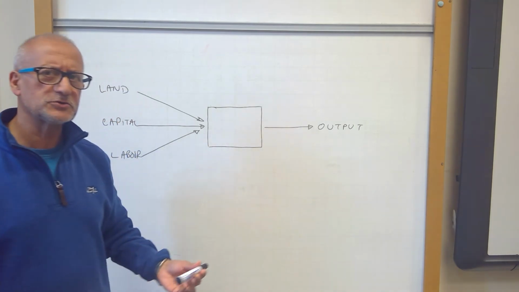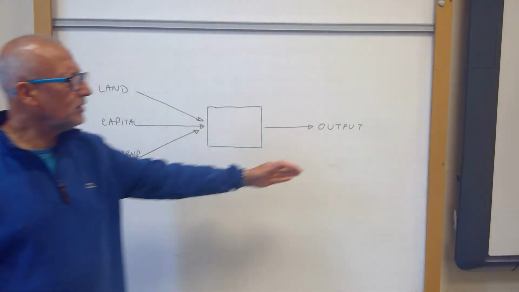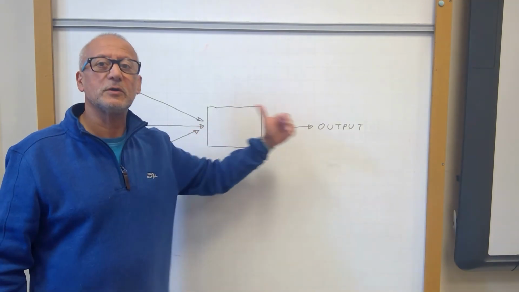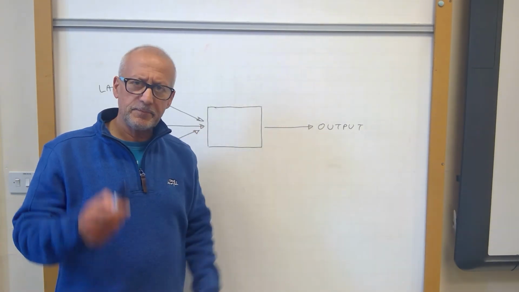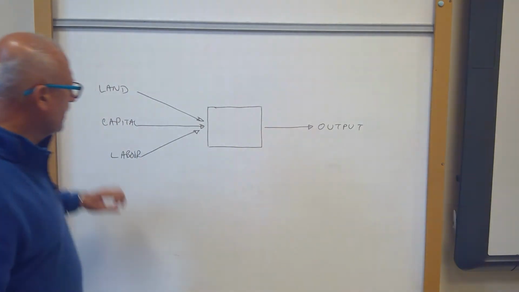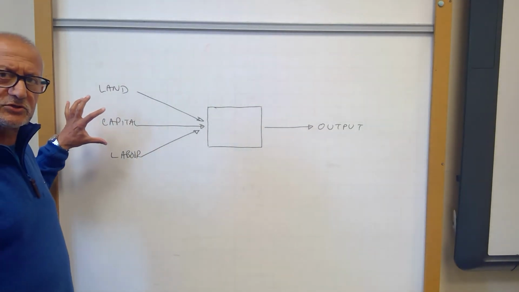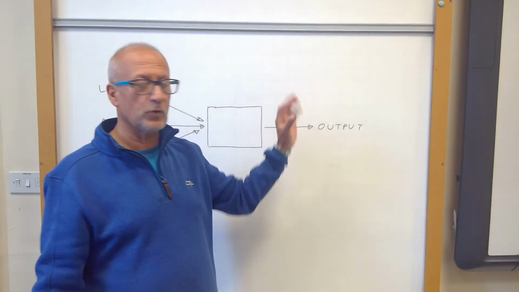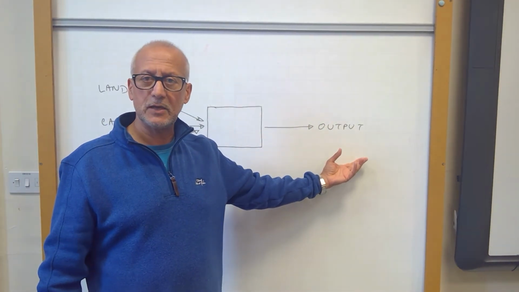Therefore, it follows, does it not, that we can increase production by either being efficient or inefficient. And by efficient, we mean the cost of the additional resources we put in here is more than compensated for by the output we get at this end.